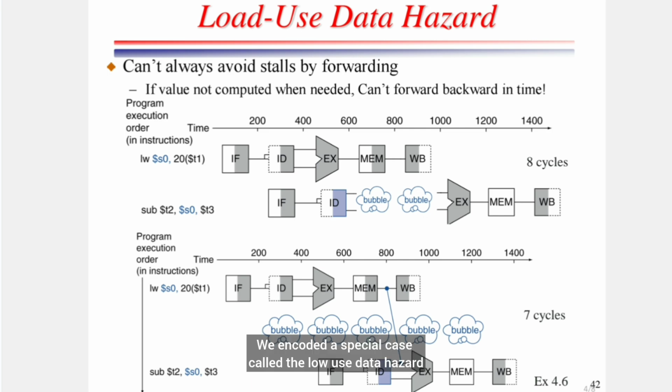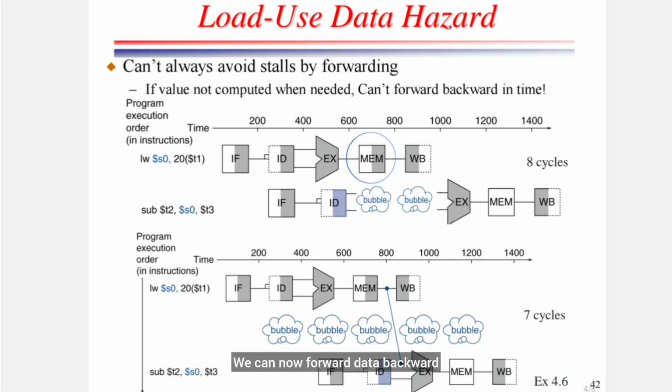We encounter a special case called the load use data hazard. Consider a load word instruction, followed immediately by an instruction that uses the loaded data. The data from memory is only available at the end of the memory stage, but the next instruction needs it at the beginning of the execute stage.